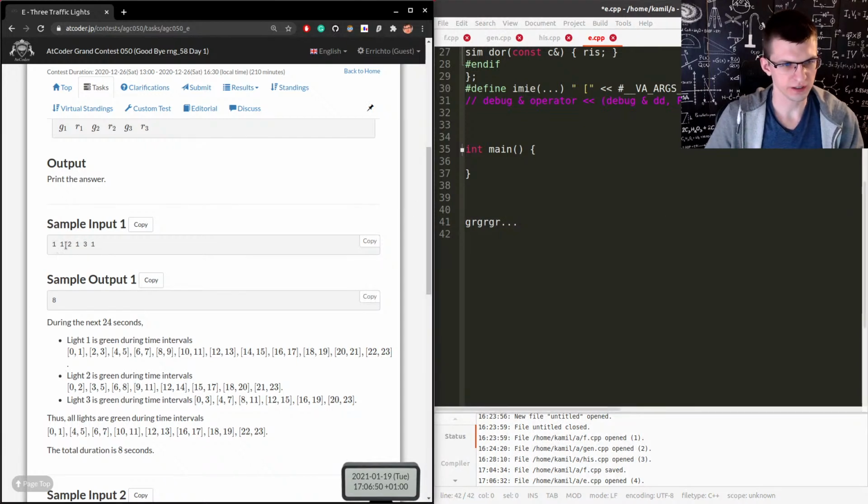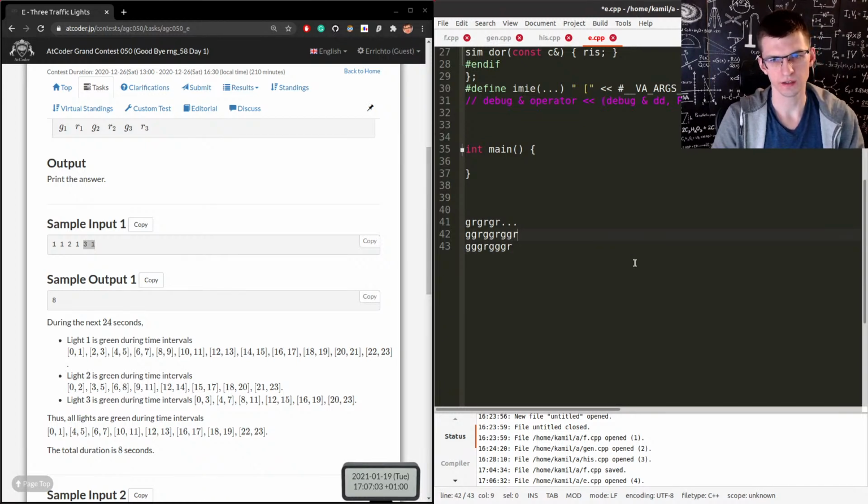The second one has cycle 2 green and then 1 red: green, green, red, green, green, red, and so on. Then the third one is 3 green, then red. And now we're looking for some kind of big cycle there. This was the one. And we count moments when all three were green.